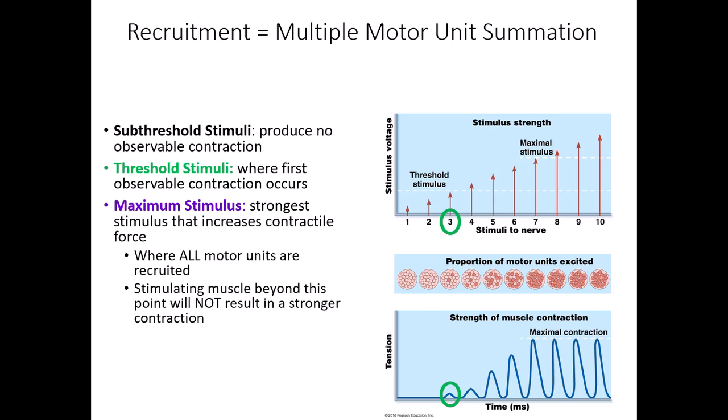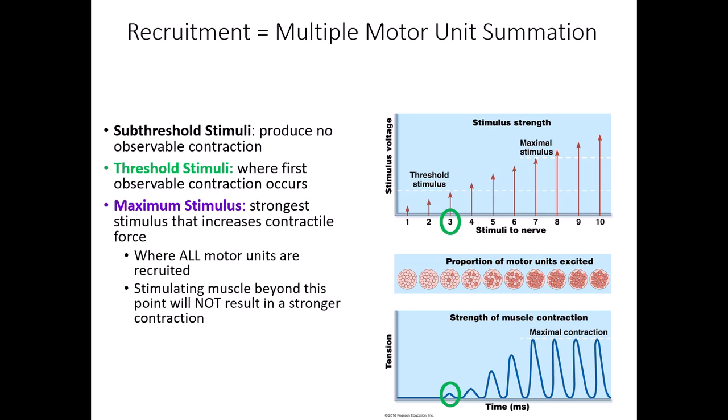So it didn't matter how much stronger the voltage was, how much stronger the stimulus was. After that maximal stimulus, we couldn't recruit any more motor units for any greater strength, right? So the last 4 cross sections in that middle picture, all of the motor units are colored in, they've all been recruited.